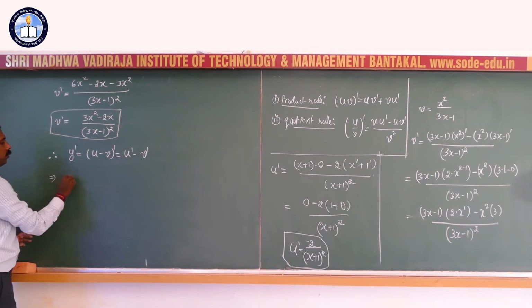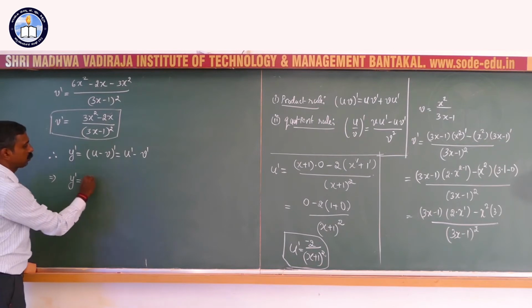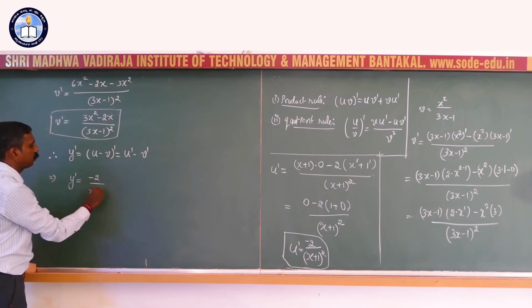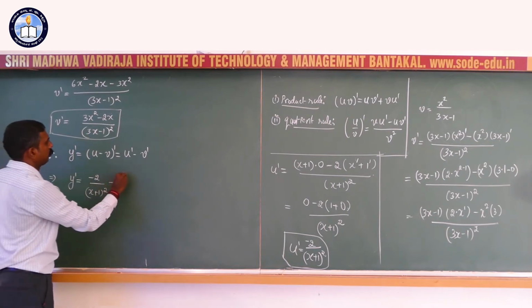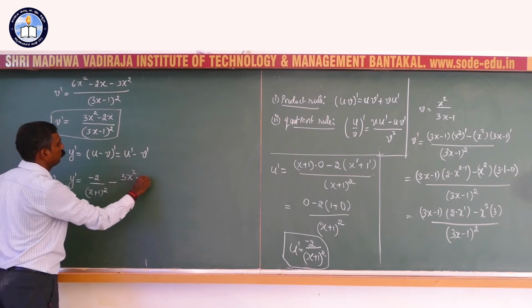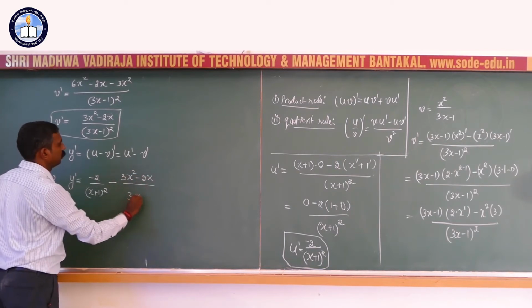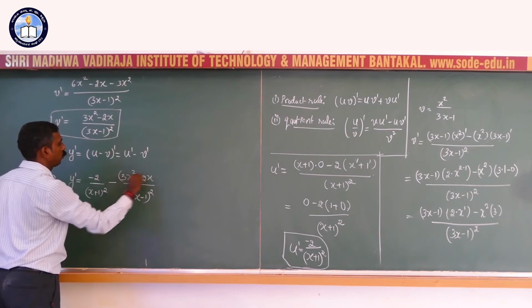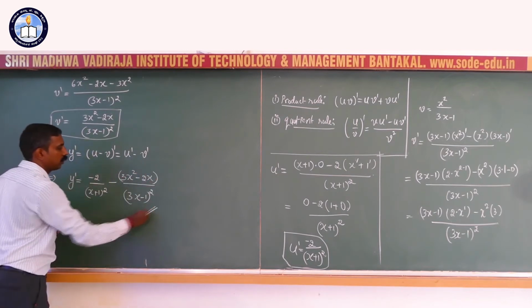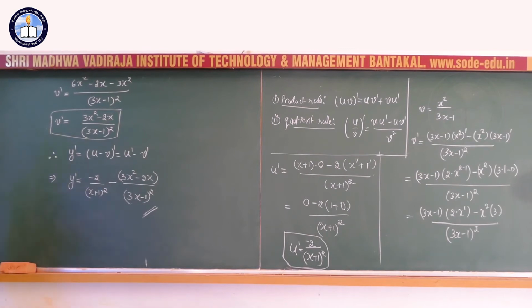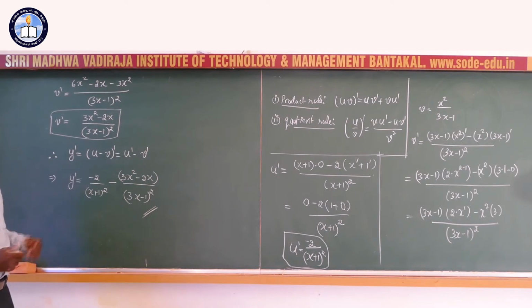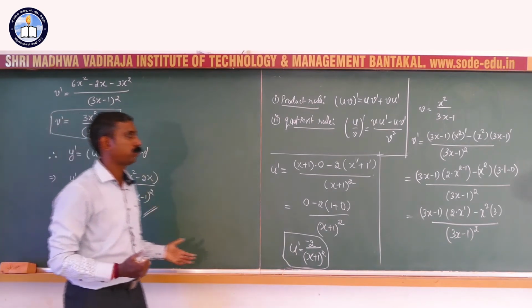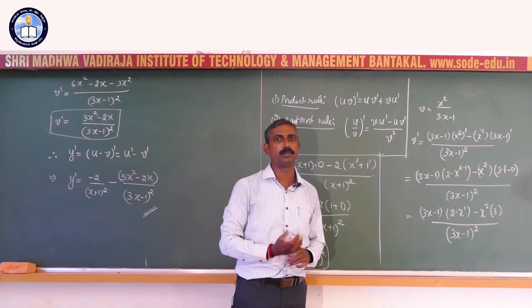This implies y dash is equal to u dash, which is minus 2 divided by x plus 1 whole square, minus 3x square minus 2x divided by 3x minus 1 whole square. So, this is the derivative of the given function. Okay. So, here we are using quotient rule to solve the problems.